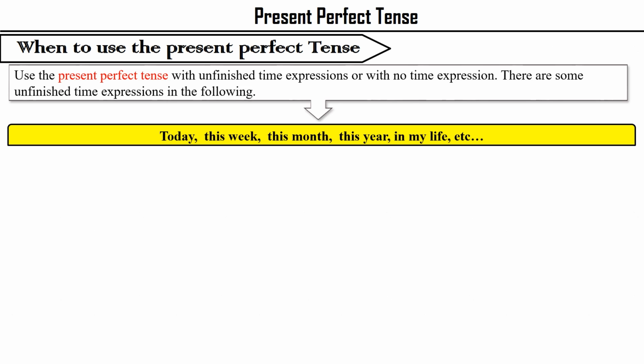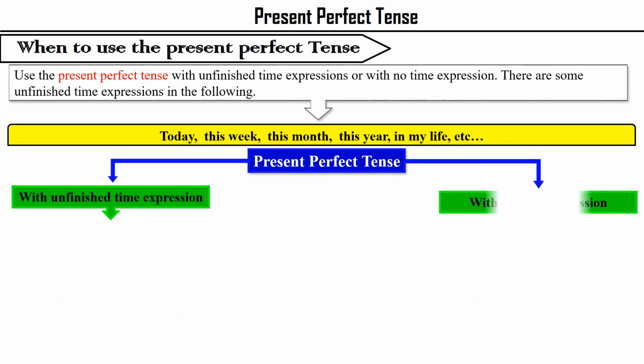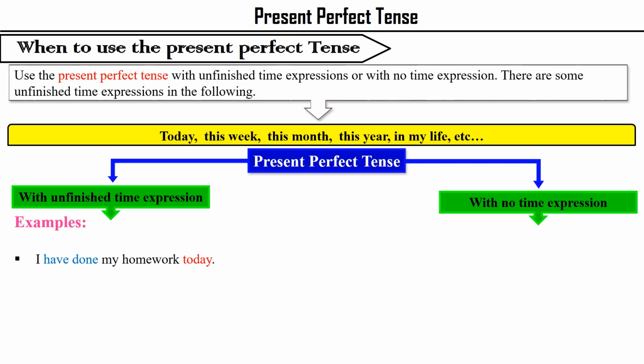For example, present perfect tense with unfinished time expression. For example, I have done my homework today. Today is an unfinished time expression that is not over yet. Or she has met her boss 2 times this week.